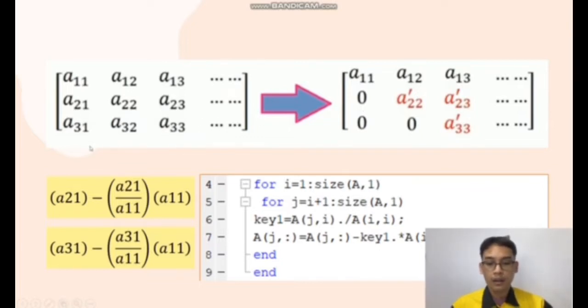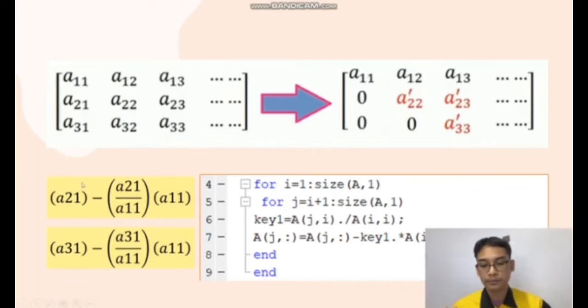From line 4 of our coding, we use i equal to 1, size A1, and actually size A,1 is the number of rows that we have. So we do a looping so that all the rows can have the Gauss elimination method. Inside the loop for this i, we have another loop of j, and j is the same as i.